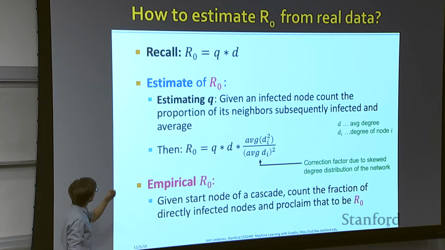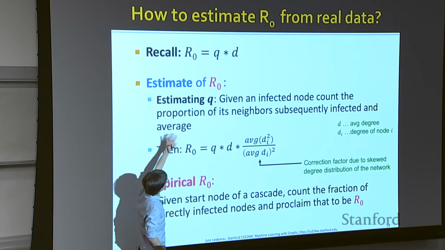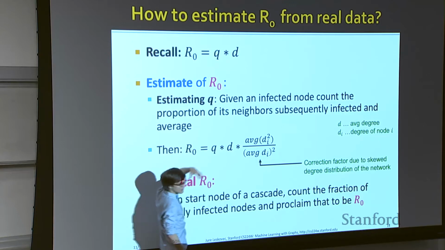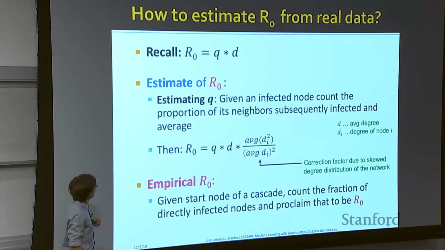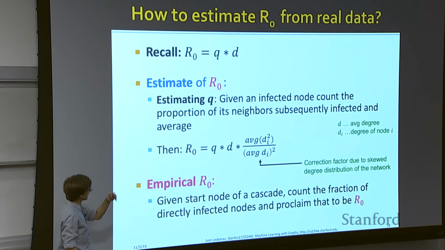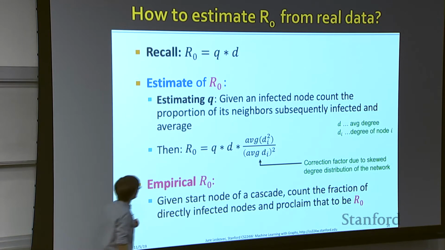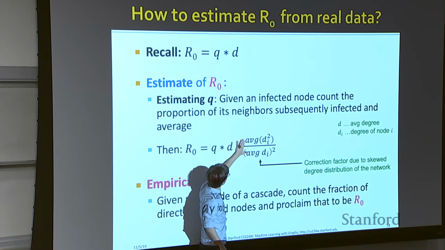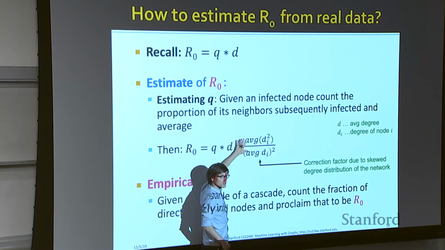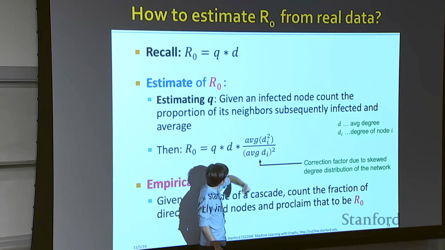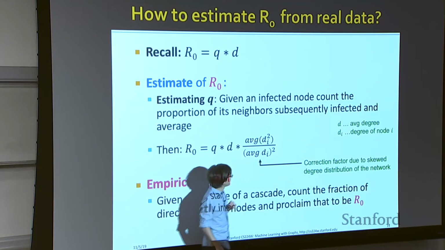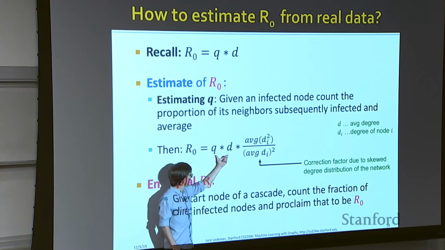So basically, given an infected node, let's count the proportion of its neighbors that were subsequently infected by this photo, that have liked it, and let's average that. And here, for the reasons of skewed degree distributions, think of the first two lectures, you also need to include this correction factor. But for us, let's just think about this.